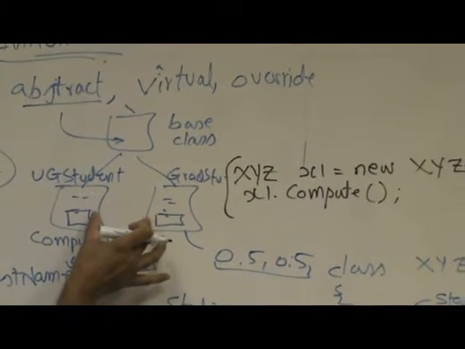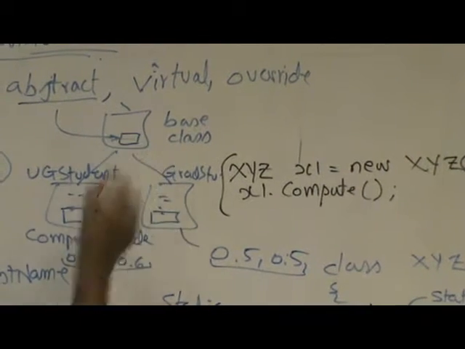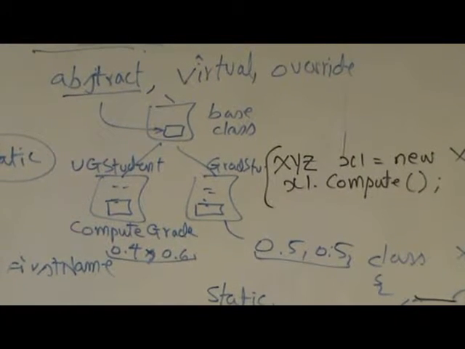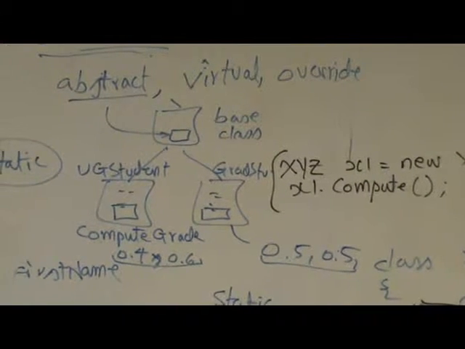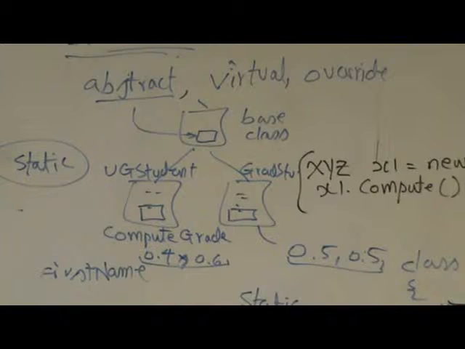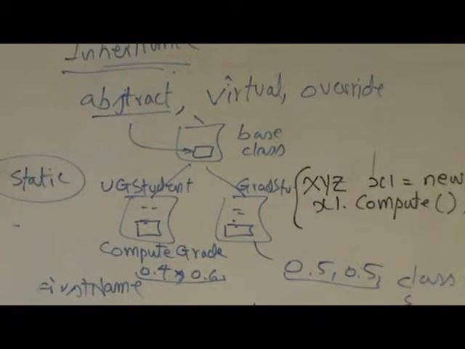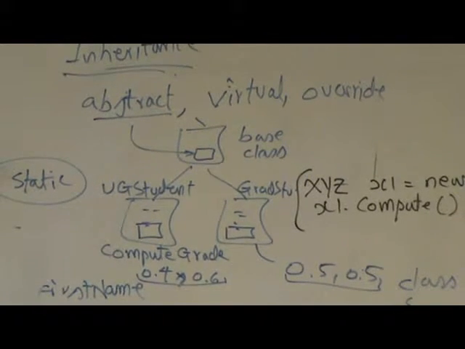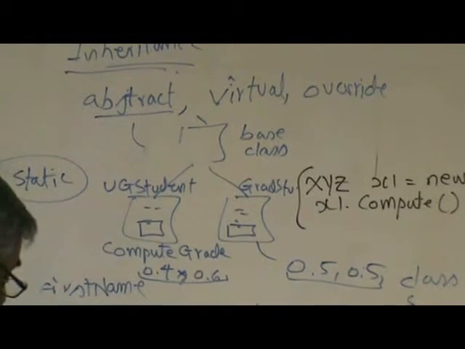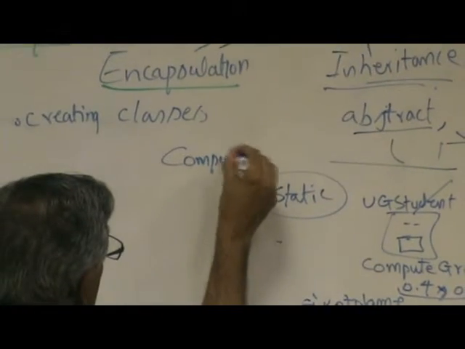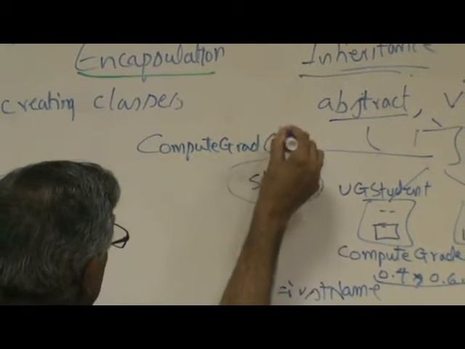So once we move it to the base class, what code should we write? Should we write 0.4 or 0.6? The answer is, it doesn't make sense now because we don't know whether the actual object will be an undergraduate student or a graduate student. So in this example, we will declare compute grade over here and will not put any code in it.